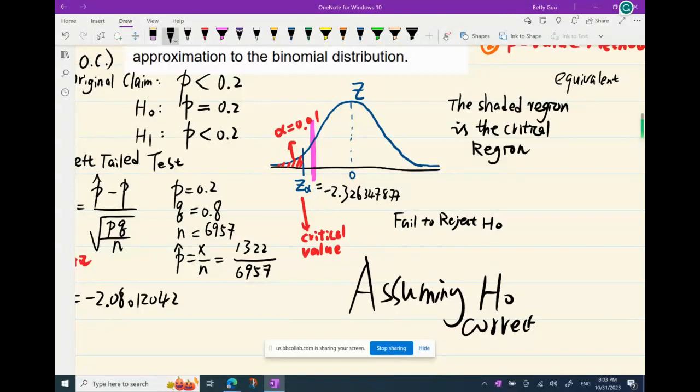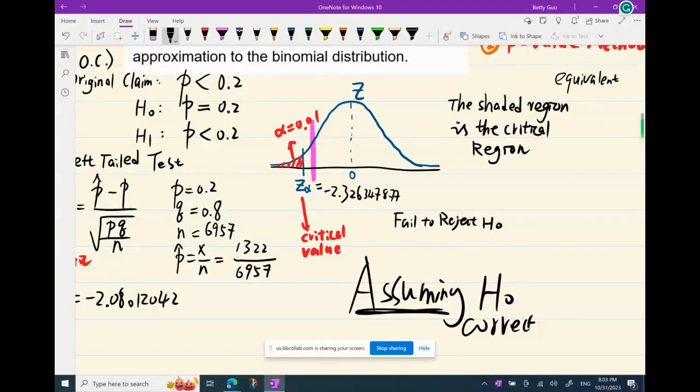That means the assumption is wrong, because by the rare event rule, we assume in one trial the rare event is not supposed to happen. Like you never buy any lottery, and suddenly you buy a lottery and become a millionaire. We assume that will not happen in one trial.